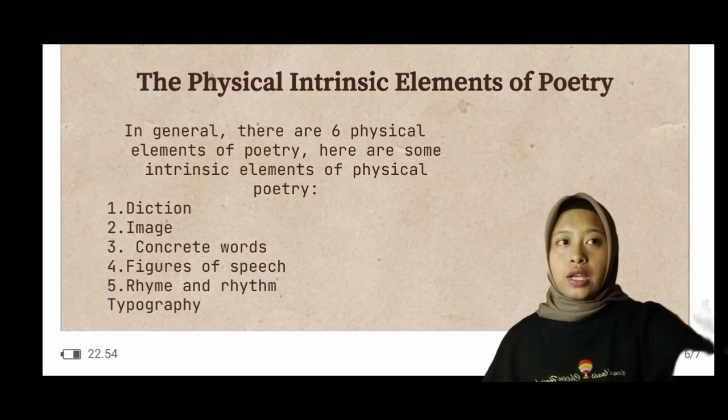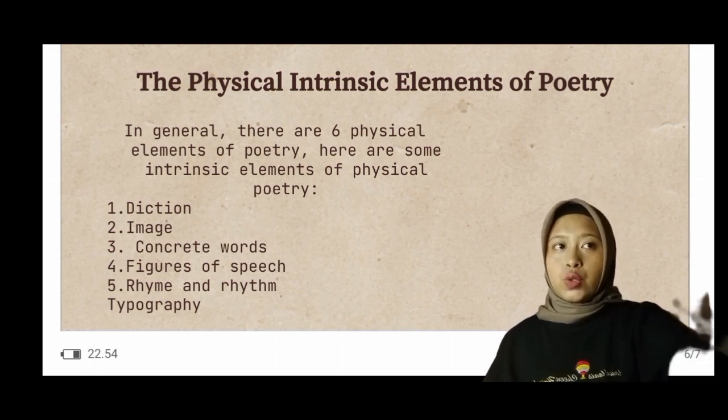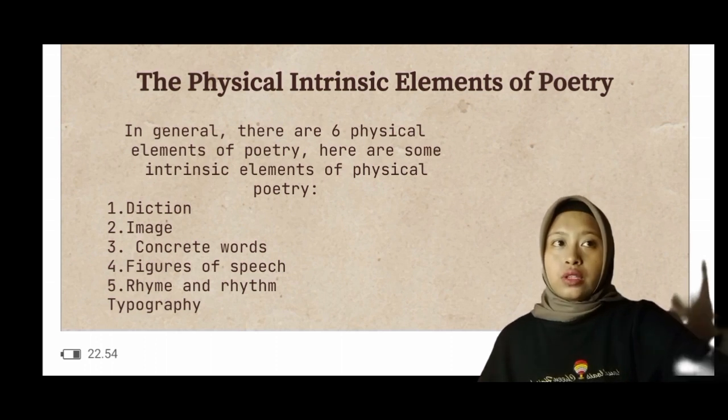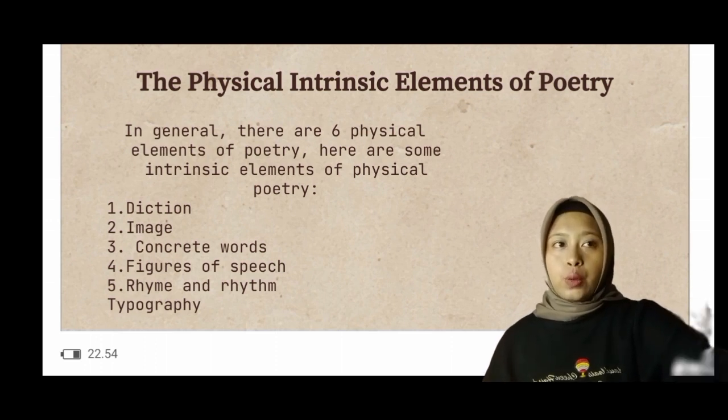Concrete words are imaginative and usually relate to figurative language or symbolic language. The fourth is figurative language. Figurative language is the use of language that gives life and connotation. The fifth is rhyme and rhythm.